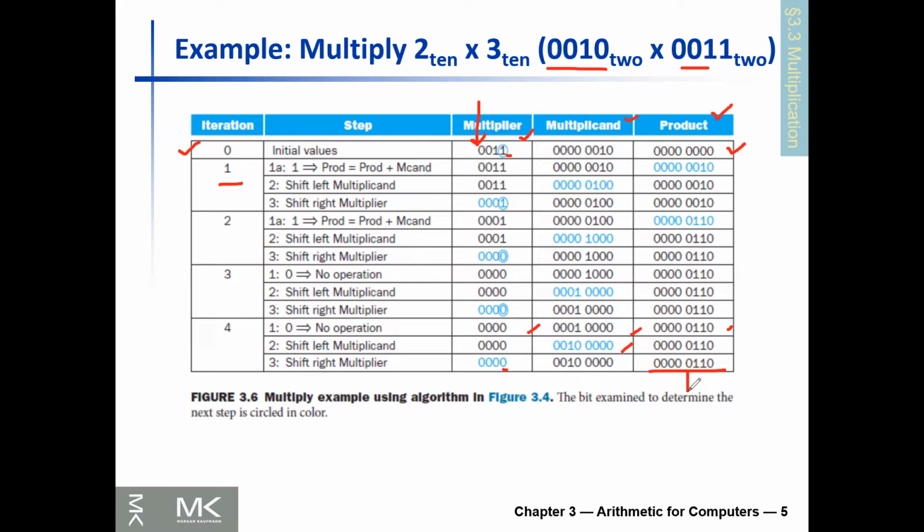So can you read this? Read out which value this is in decimal. 6. 6, right? And if you multiply 2 by 3, we get 6. Yes, correct? Easy. So this is the algorithm in order to perform the multiplication.